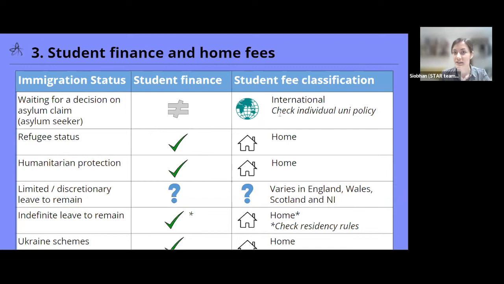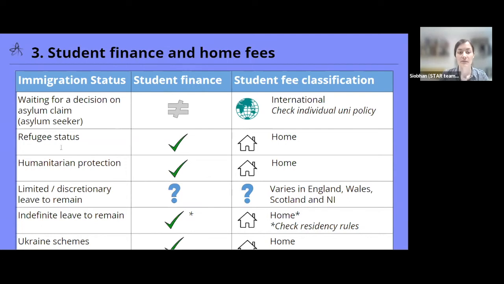We've included here, though, check the individual university policy, because it is down to the individual university to decide what fees they charge. Some universities in the UK have a policy of charging home fees to people who are seeking asylum. So before you apply, you can contact the university to check if that's the case. And that's something that STAR campaigns for. So we put pressure on universities to offer home fee status.